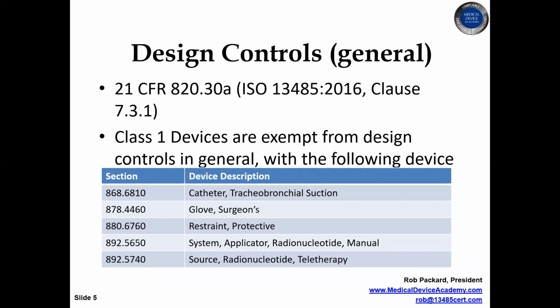And there are some class 1 devices that also require design controls, and I've listed those here. And part of the reason is surgeons' gloves are sterile. And this is a device that they consider. I actually have a client that's working on a protective restraint. They have design controls. So these 5 categories are regulations or device classifications that require design controls, even though they're a class 1.